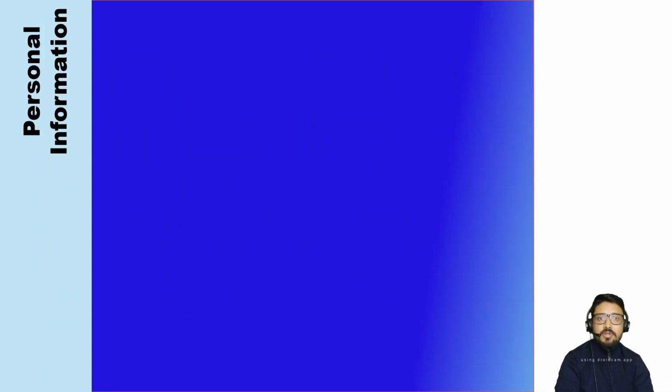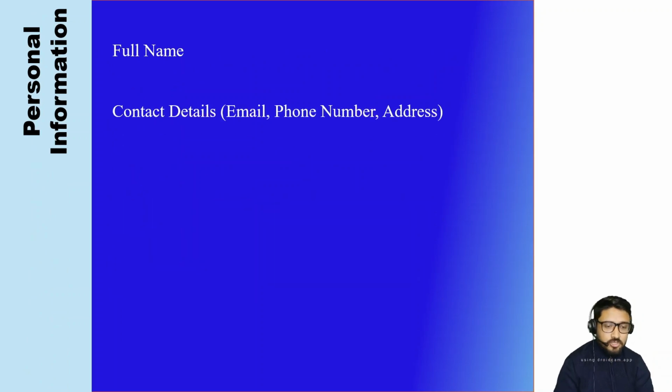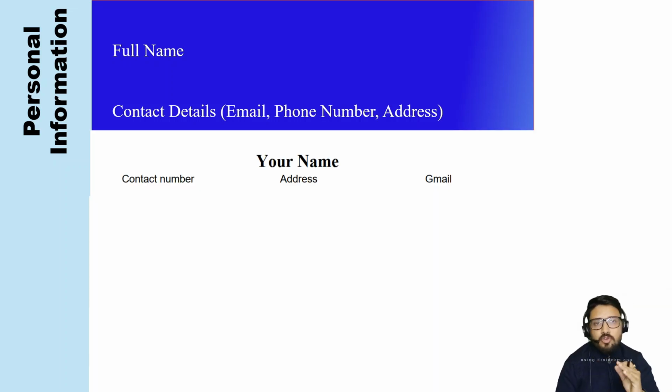First thing is personal information. In personal information, start with full name, address, phone number, and professional email address. This information should be at the top of the document, okay, and should be clearly visible. Ensure that your email address is professional. Better to include your name.